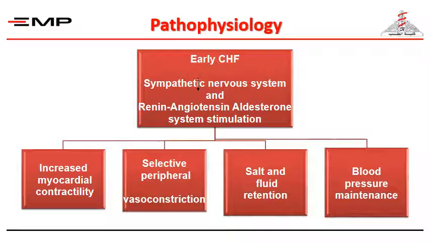It leads to increased myocardial contractility. There is myocardial contractility at first increasing with selective peripheral vasoconstriction, salt and fluid retention, and the blood pressure is maintained. So early in congestive heart failure or in heart failure, there is maintenance of the blood pressure.